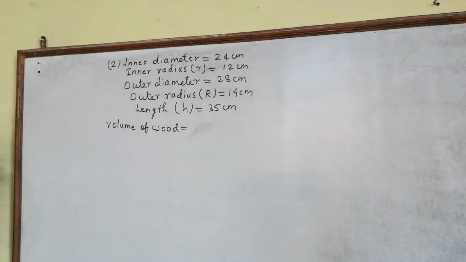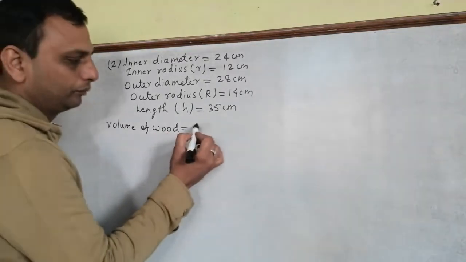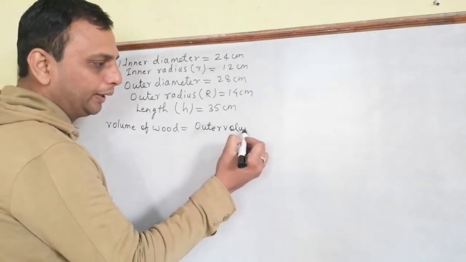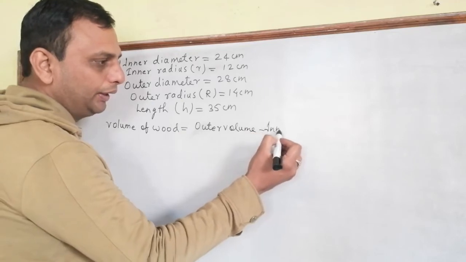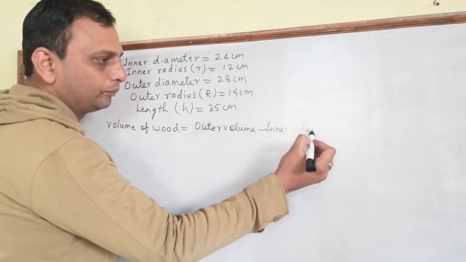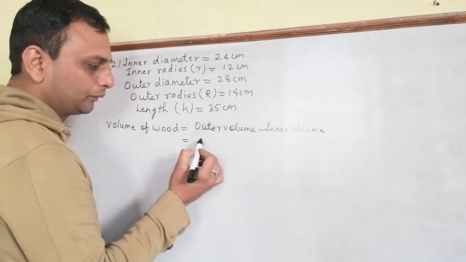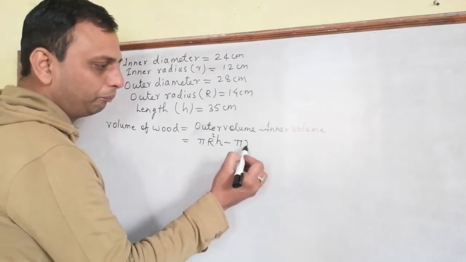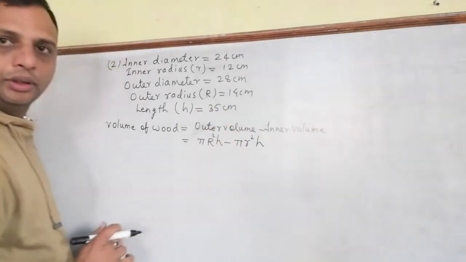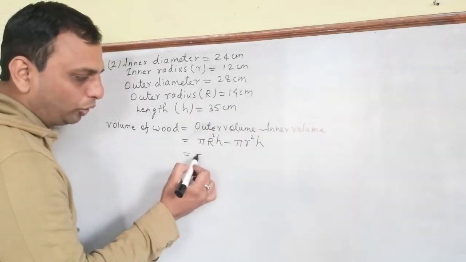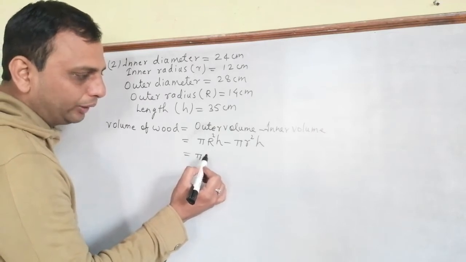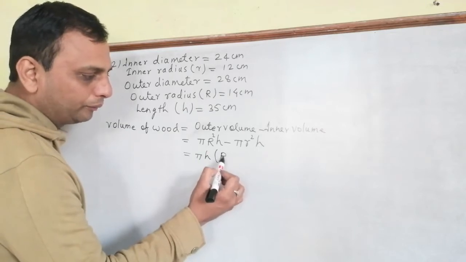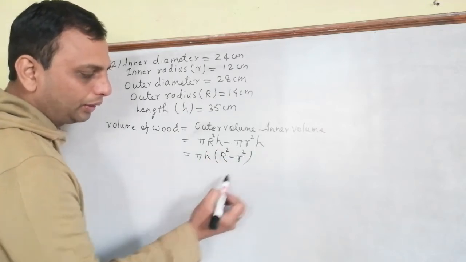That is pi R square h minus pi r square h. Now pi we can take common, and h also we can take common because the height is the same for both. So pi h is common, and we get R square minus r square.